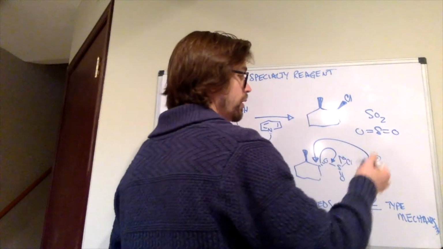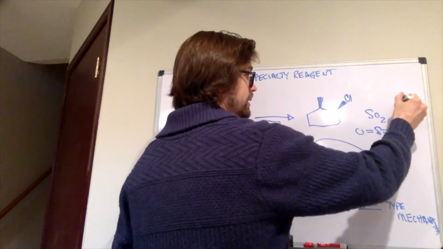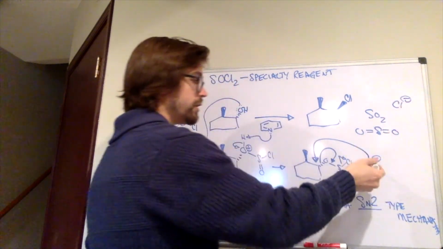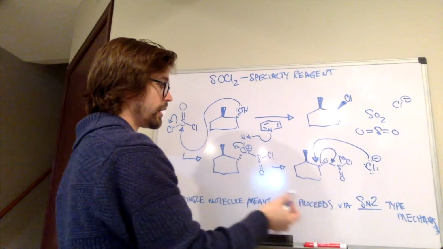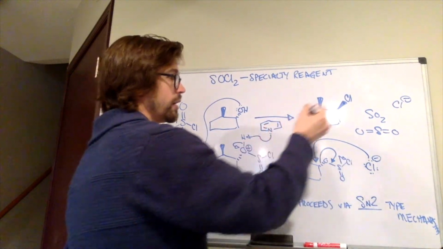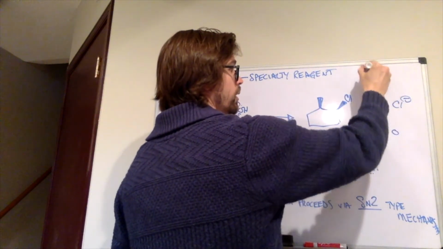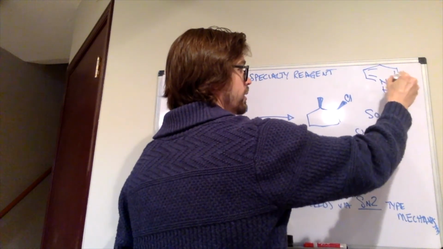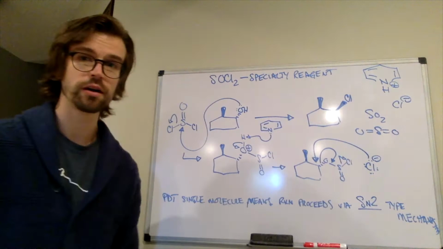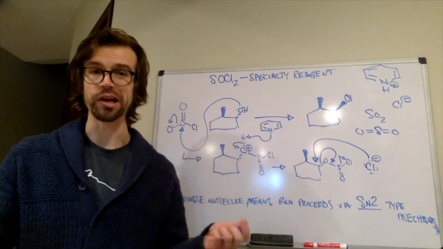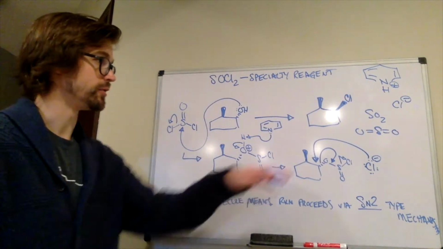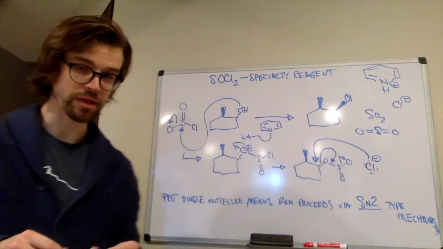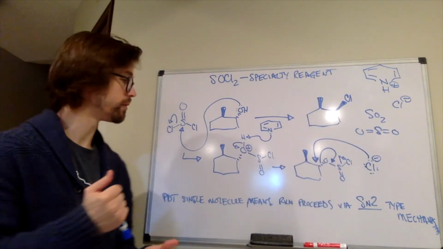What else do we have? We have Cl-, and that's from that right there leaving. And we also have this pyridine molecule that was protonated. So these are salts formed together. Remember, salts are ionic, so this would be an ionic bond between that positive and the negative.